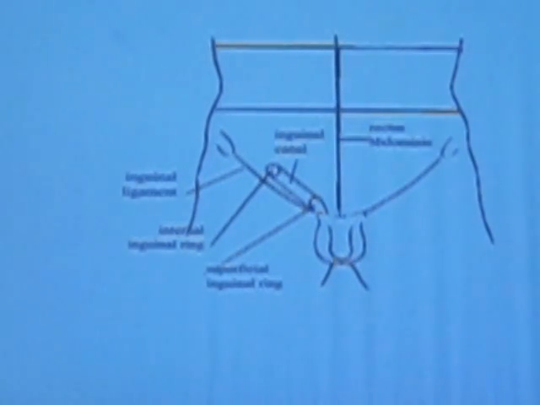This is formed by fascia transversalis, isn't it? Only one thing, fascia, is there. Please don't talk. The weakest side for the inguinal passage would be the posterior wall, okay?